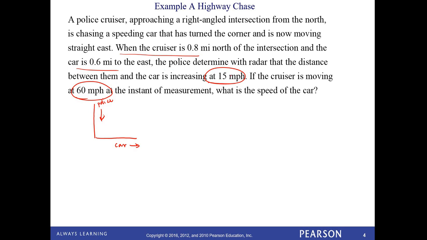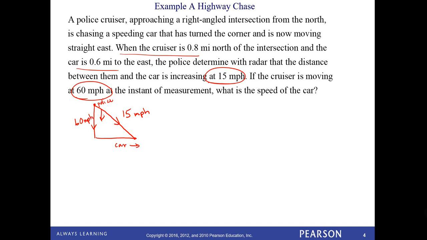At that point, the police determine that the distance between them and the car, so if this is the police and this is the car, this distance is increasing at 15 miles per hour. That's this speed. The cruiser is moving at 60 miles per hour.